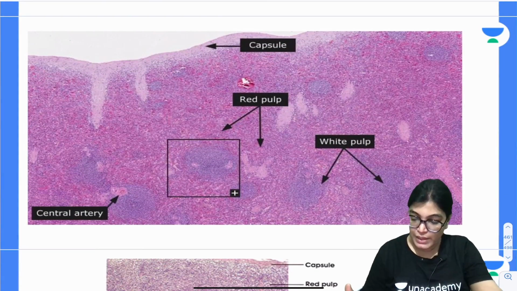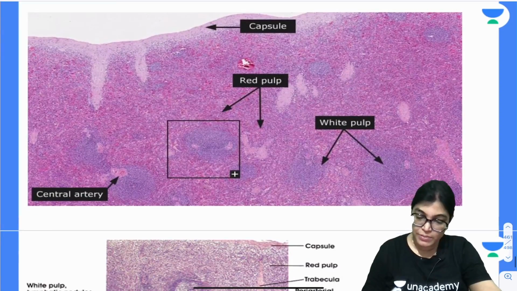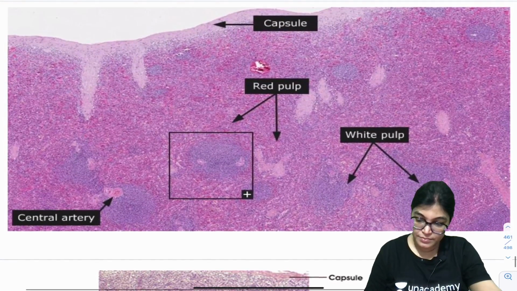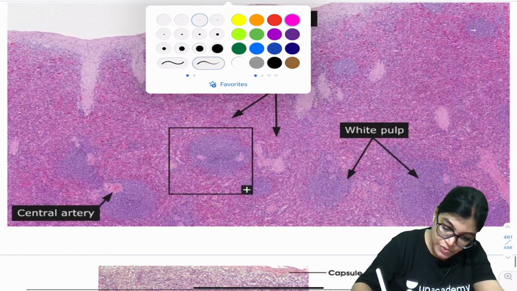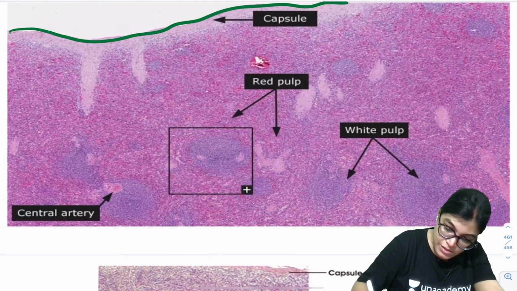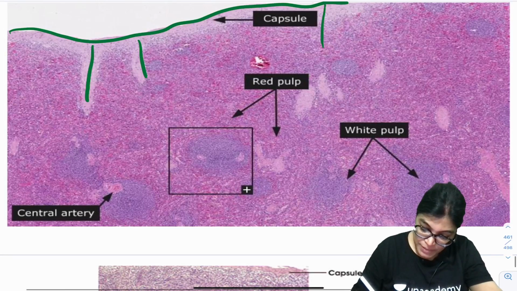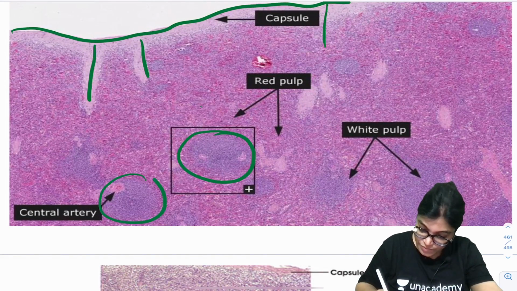Now what a beautiful diagram. This is a diagram of the low power view of the spleen. Let me slightly highlight it. The outermost covering is the fibrous capsule. Trabeculae are given off from inside. This is the red pulp, and this is one lymphatic aggregation, this is also a lymphatic aggregation.